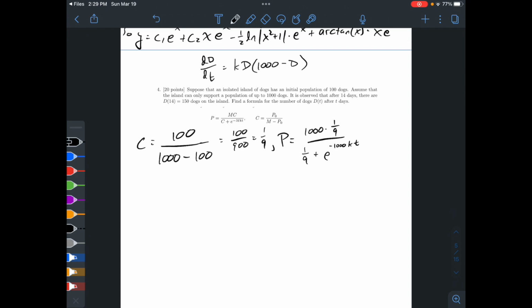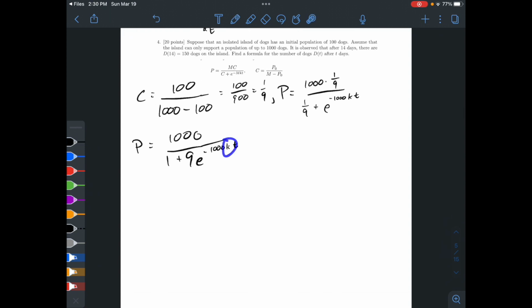Whenever there's a fraction that I can clear out, I like to clear it out so I don't have fractions of fractions. So I'll multiply by 9 over 9 to simplify this. So P is equal to 1,000 over 1 plus 9e to the negative 1,000 kt.